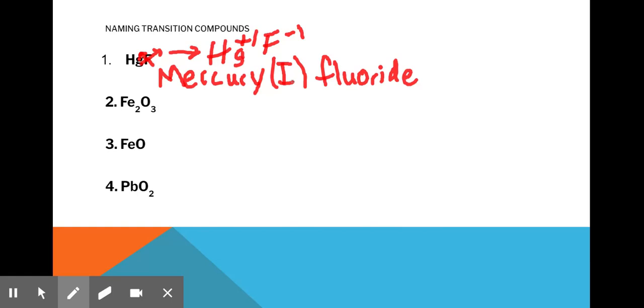Same process for Fe2O3. Fe is iron. Iron is a transition metal, so we need our parentheses. Oxide. And reverse crisscross.